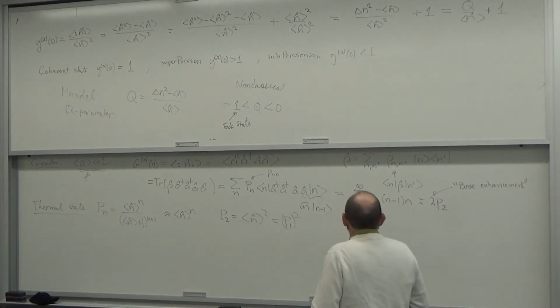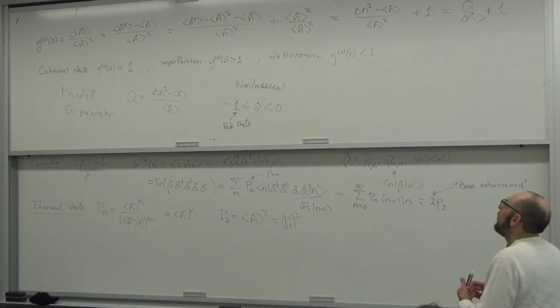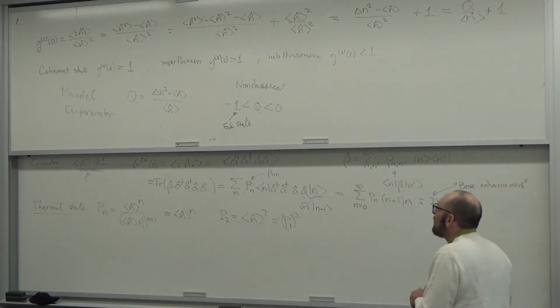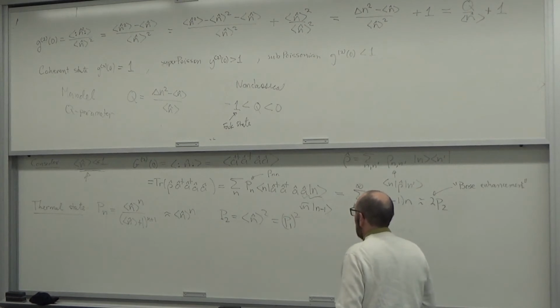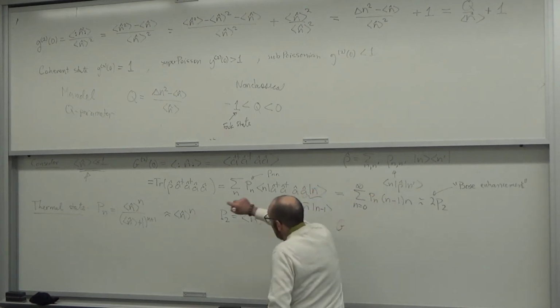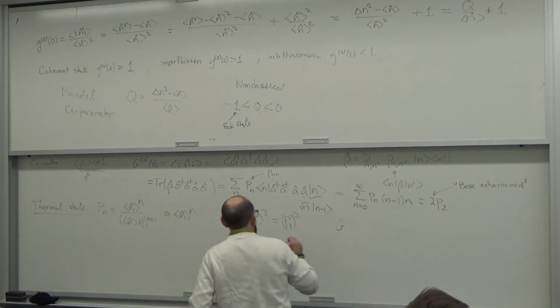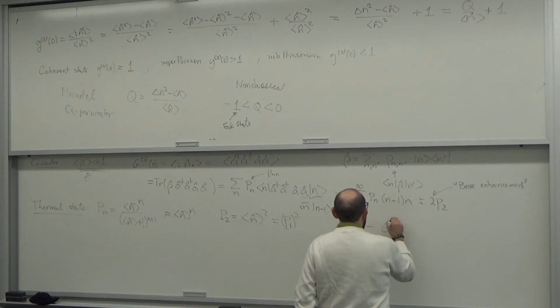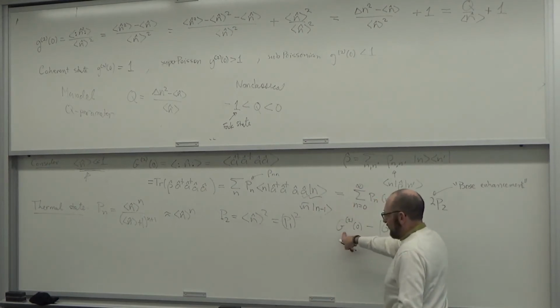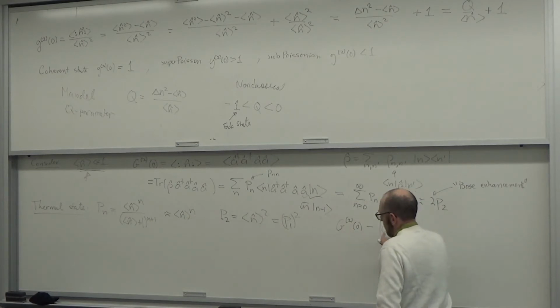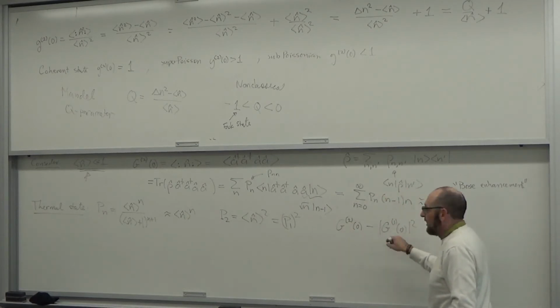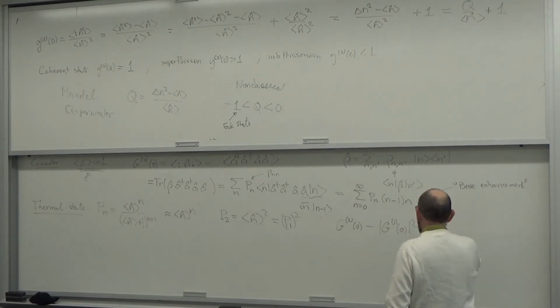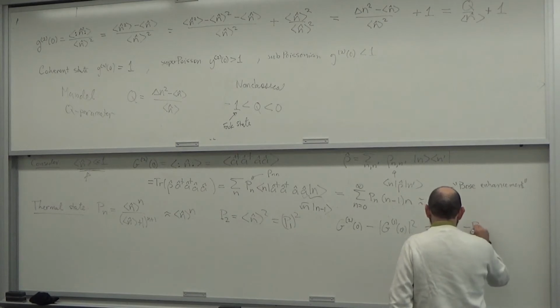So when we have a thermal state, in this limit of small mean number, G2 at 0 minus the square of G1, that's the probability of finding two photons in the mode compared to independently finding them, is equal to twice P2 minus P1 squared, right?